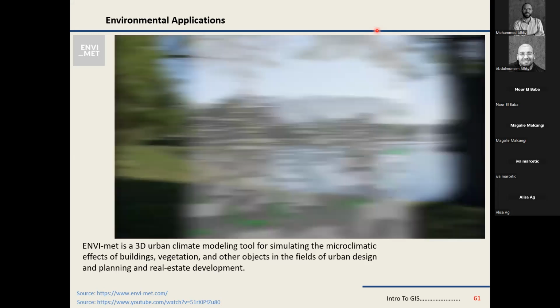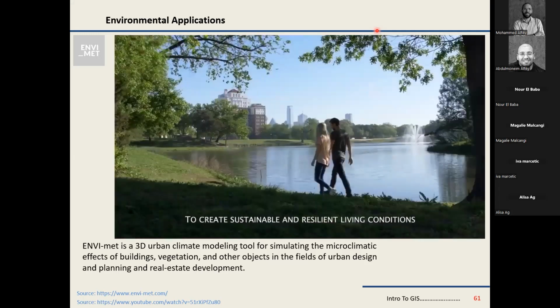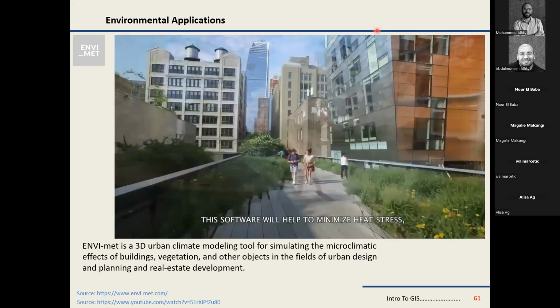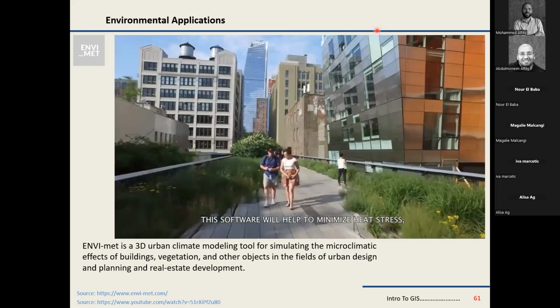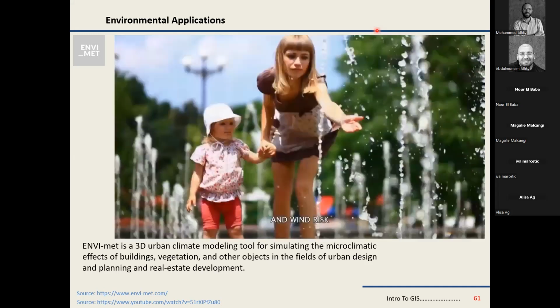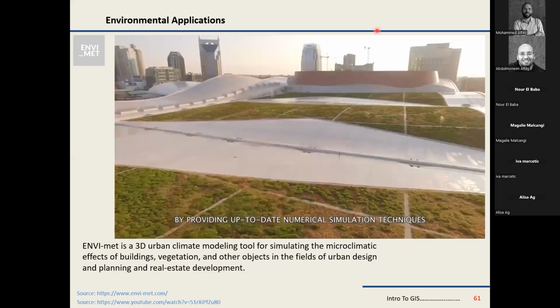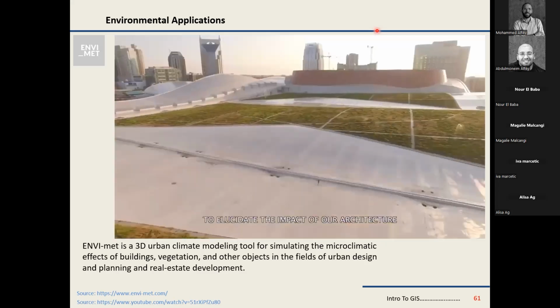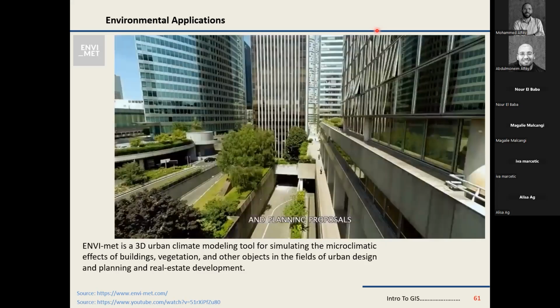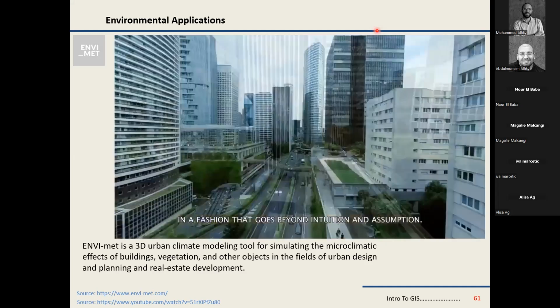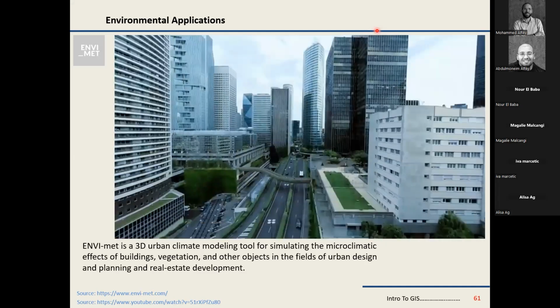To create sustainable and resilient living conditions, this software will help to minimize heat stress, air pollution, and wind risk by providing up-to-date numerical simulation techniques to elucidate the impacts of our architecture and planning proposals on the urban fabric in a fashion that goes beyond intuition and assumption.